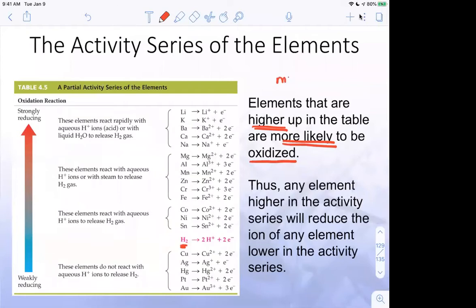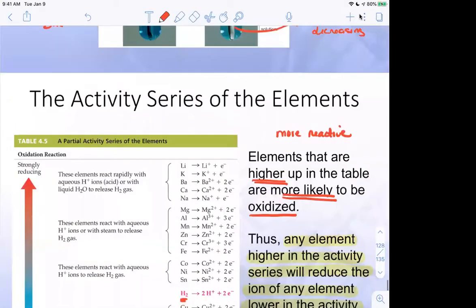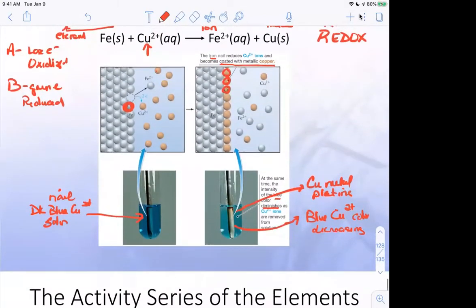They're more reactive under these conditions. So the way you read this chart is that any element higher in the activity series will reduce the ion of any element lower in the activity series. So when I look at this reaction here, I'm looking for iron and copper.